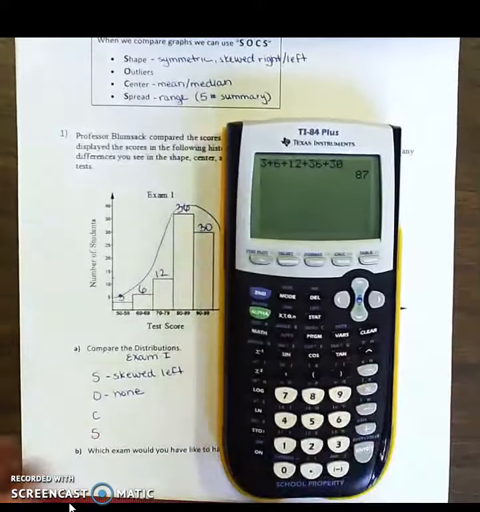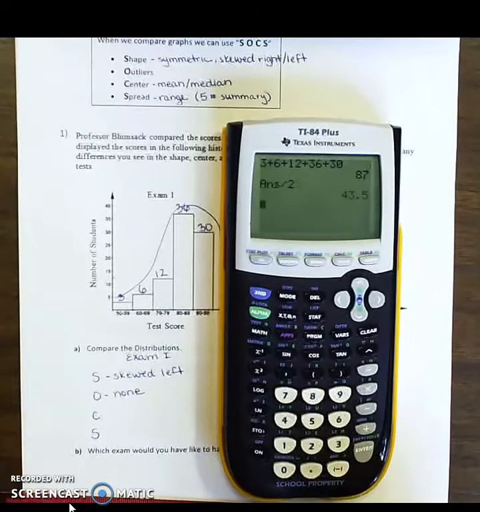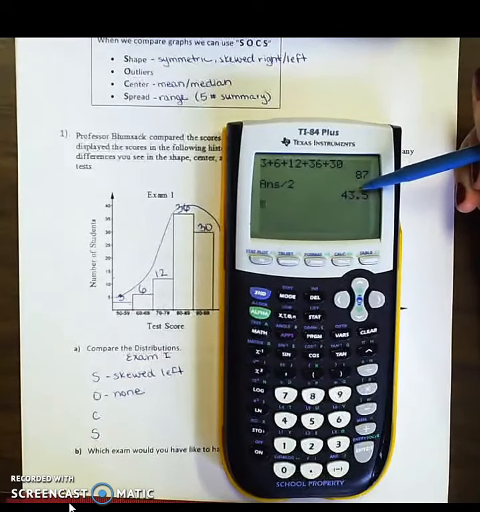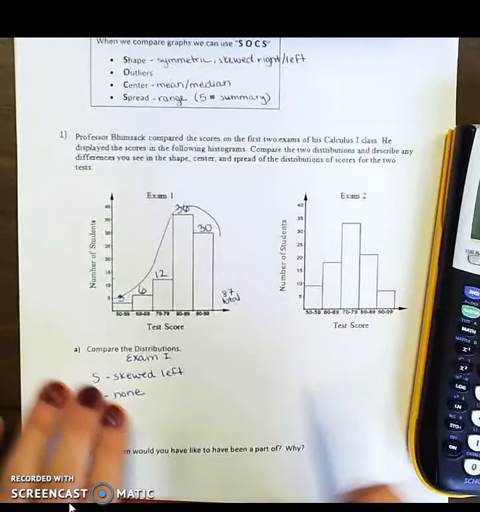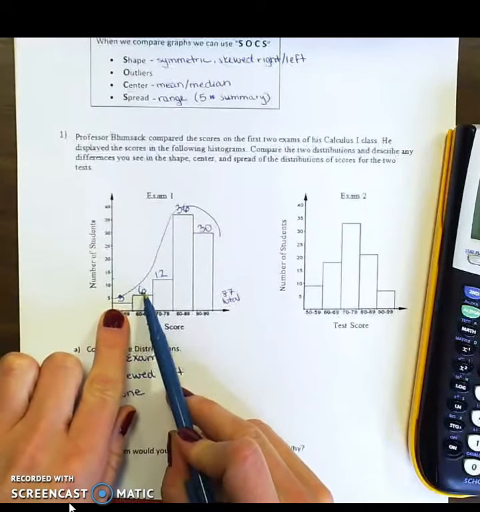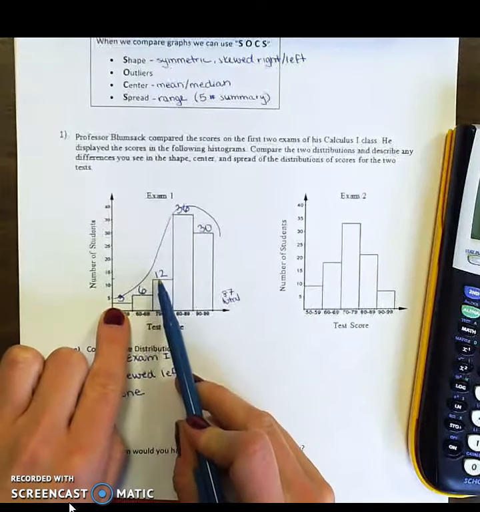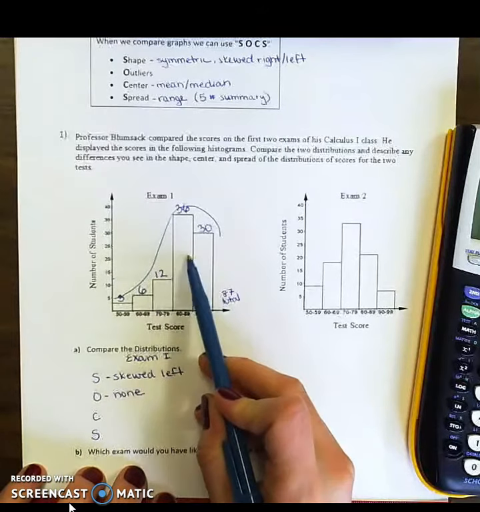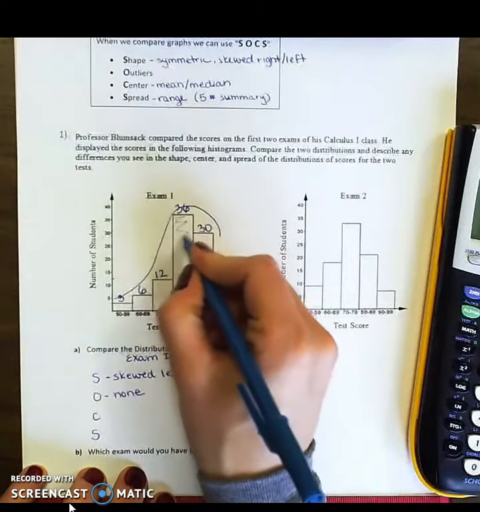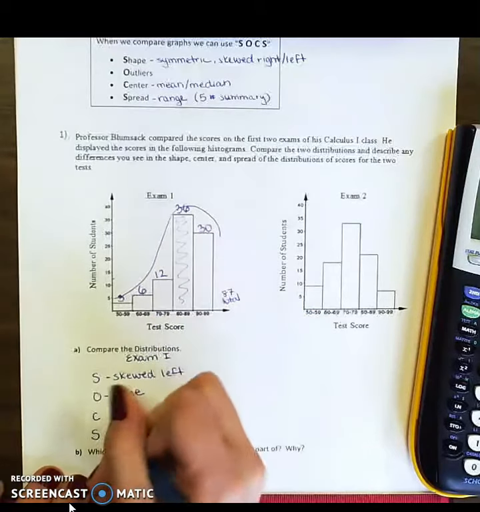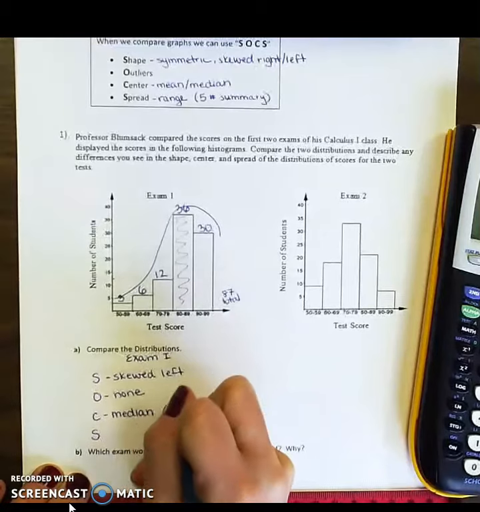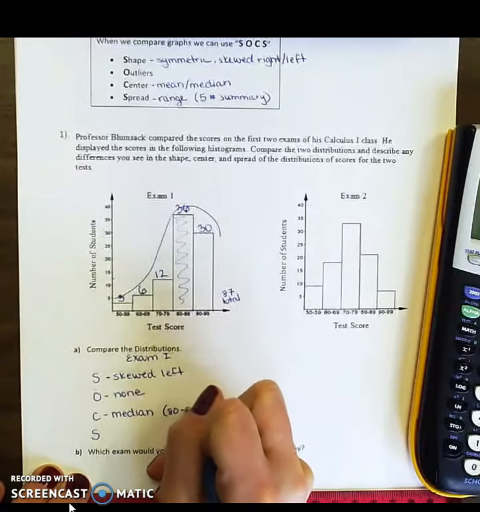To get to the median, I'm going to divide that in half, so I need to be approximately 43 students in. 3 plus 6 is 9, plus 12 gets me to 21. To get to 43, that's going to be in this bar right here. So that means the center, my median, is going to be between 80 and 89.